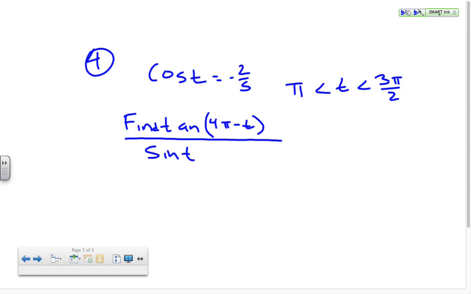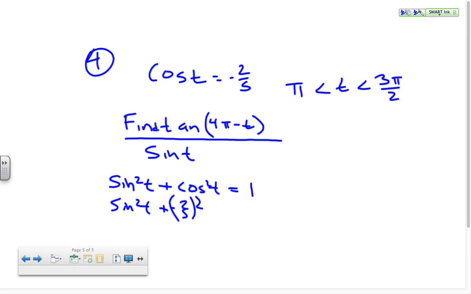Now, remember the Pythagorean identity: sine squared t plus cosine squared t equals 1, right? So I have sine squared of t plus negative 2/5 squared equals 1.